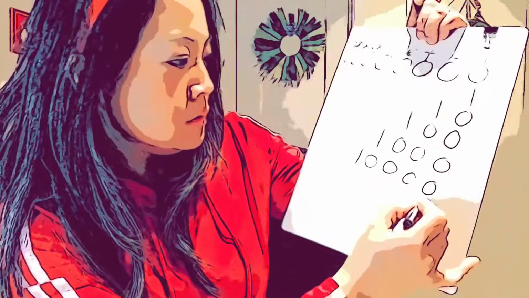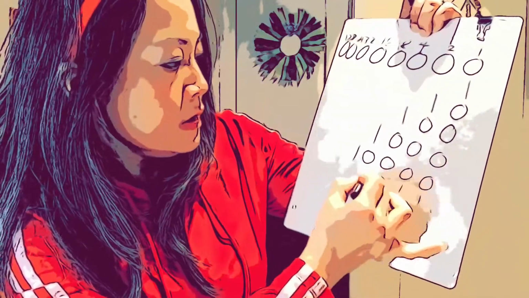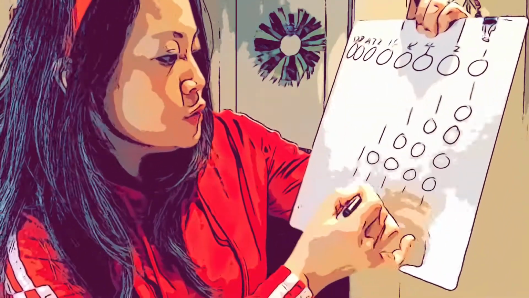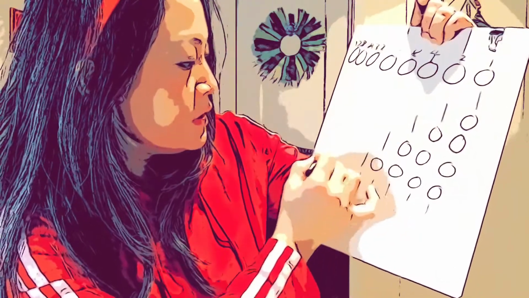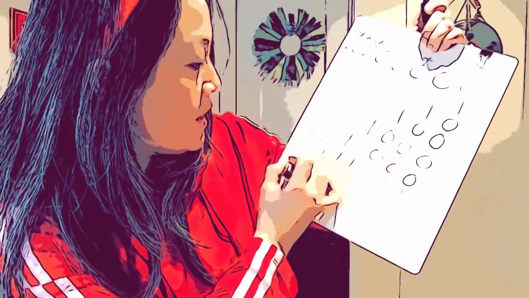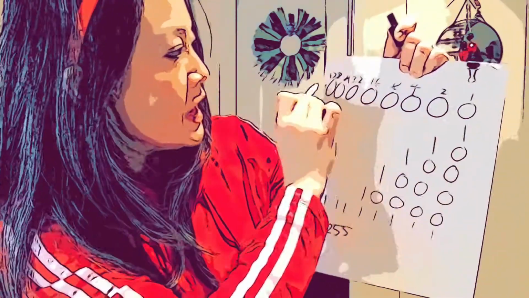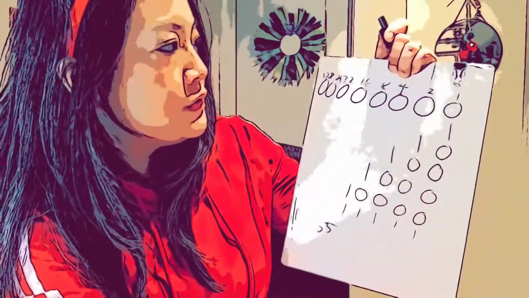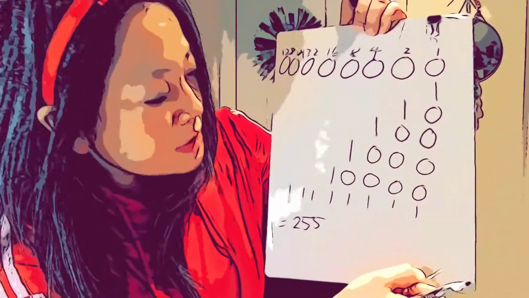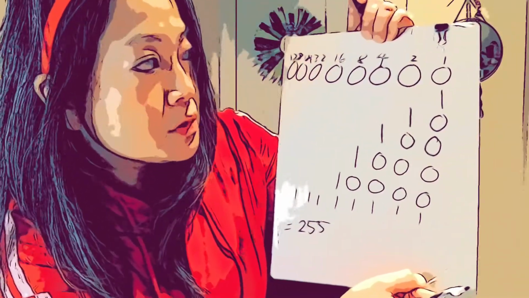If you had ones all the way through, you would just add them up, okay? 1, 2, 3, 4, 5, 6, 7, 8. So that actually equals 255. It's like if you added all of these up and then you get 255. So using just zeros and ones, you can build a lot of numbers, okay? And this is just 8-bit. You can go higher. Okay.